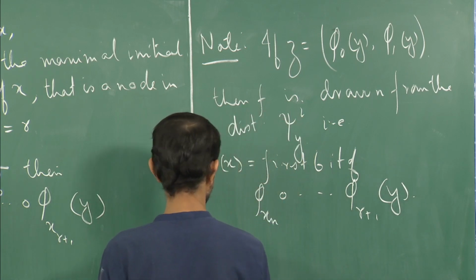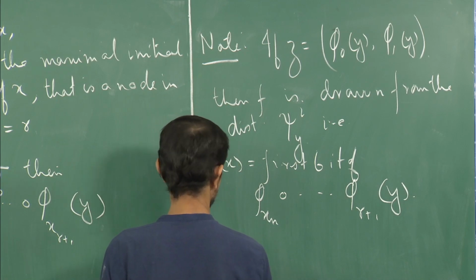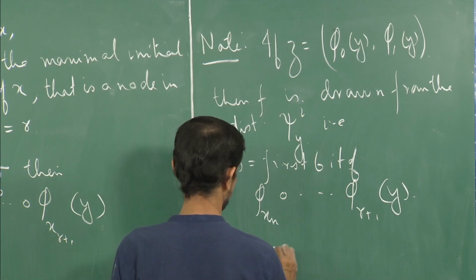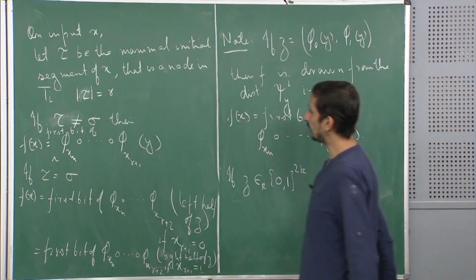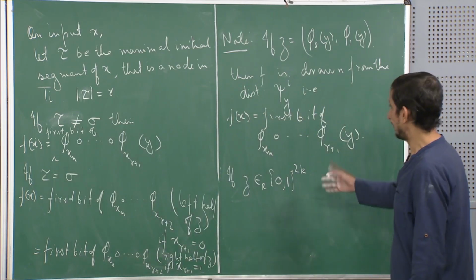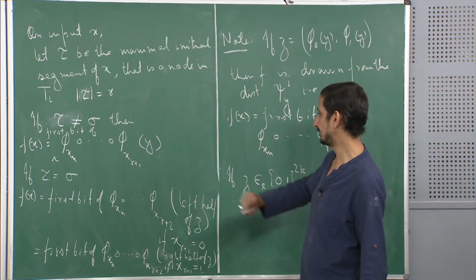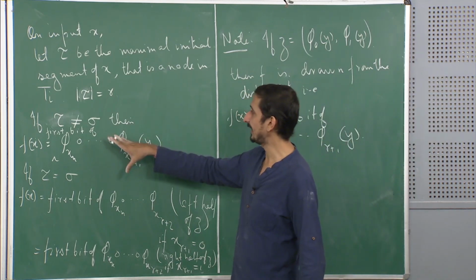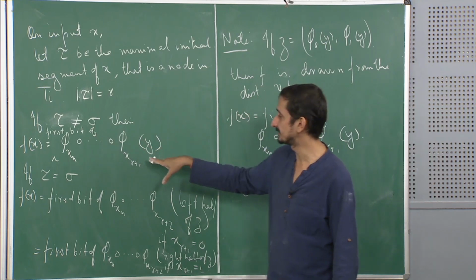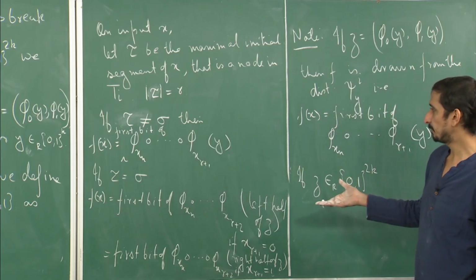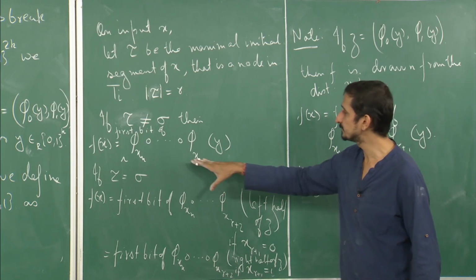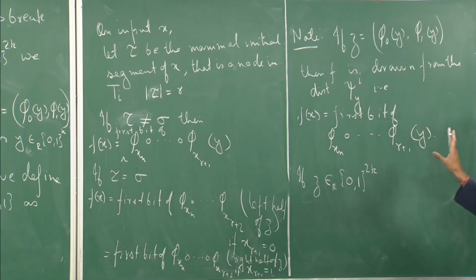Now, if z is, let's say, a random string in {0,1}^{2k}, note that this part does not have any significance, because y is a random string and this part does not depend on z at all.